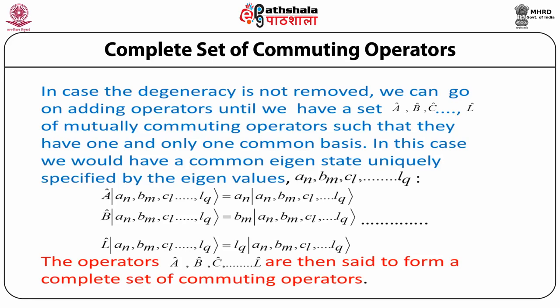In this case, we would have a common eigenstate uniquely specified by the eigenvalues an, bm, cl, and so on till lq, and the corresponding eigenvalue equations can be written as operator A acting on the common basis ket vector an, bm, cl, and so on till lq is equal to an times the common basis ket vector an, bm, cl, and so on till lq.